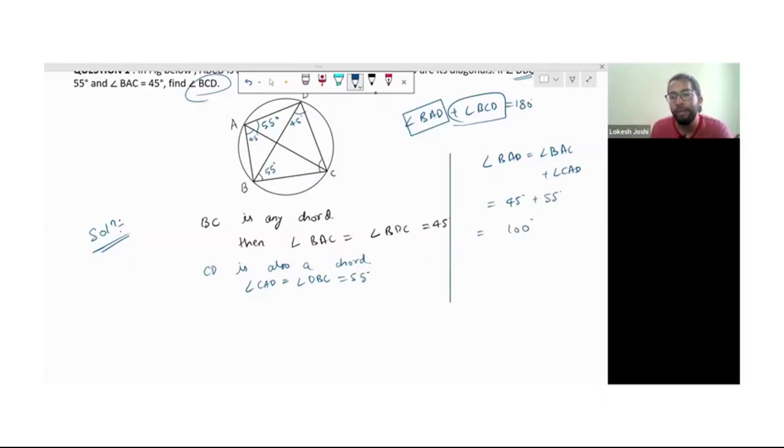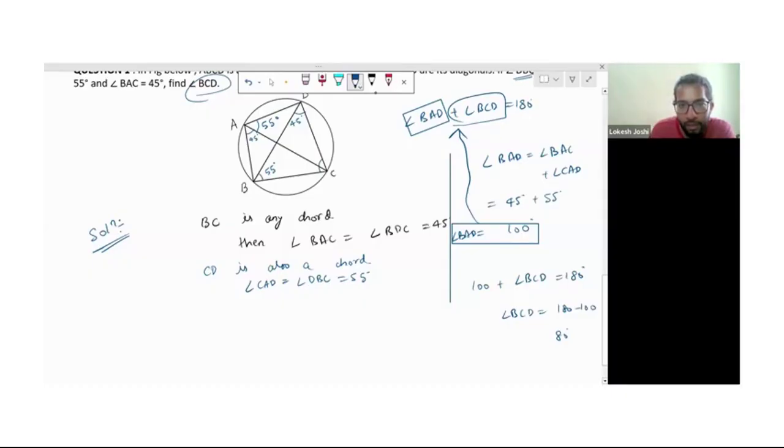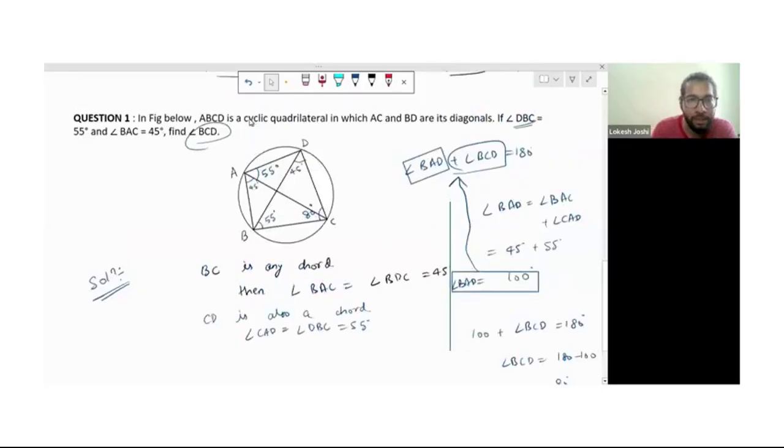So angle BAD is equal to 100 degrees. Now if we put this value in the equation, we get 100 plus angle BCD is equal to 180 degrees, and angle BCD is equal to 180 minus 100, which is 80 degrees. So our answer is that angle BCD is equal to 80 degrees.